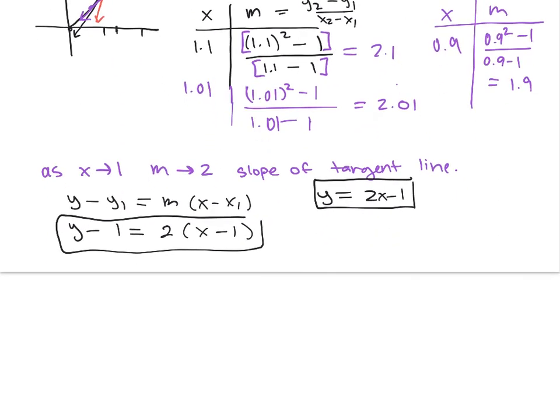So does it make sense that the slope we were estimating was y2 minus y1 over x2 minus x1, and that was x squared minus 1 over x minus 1.